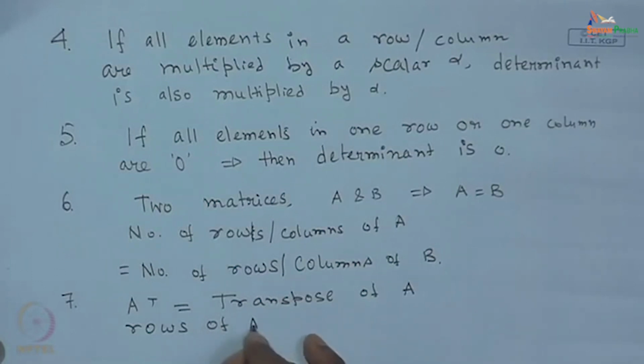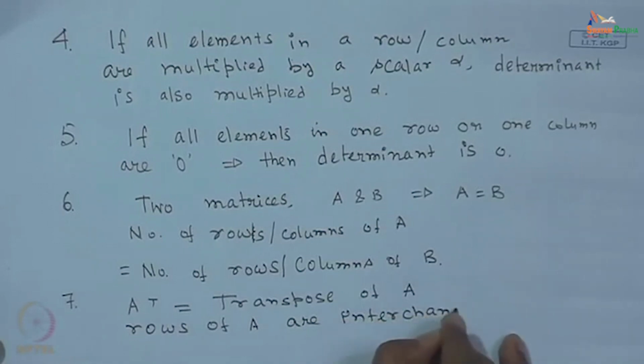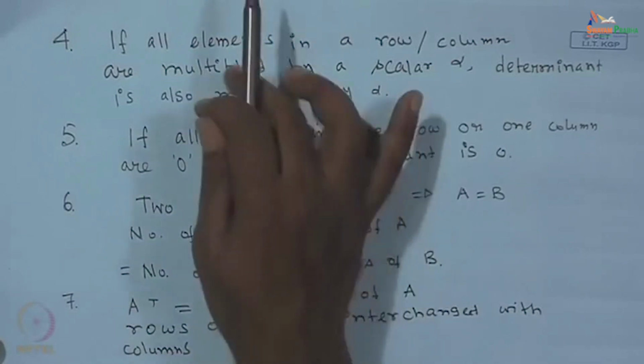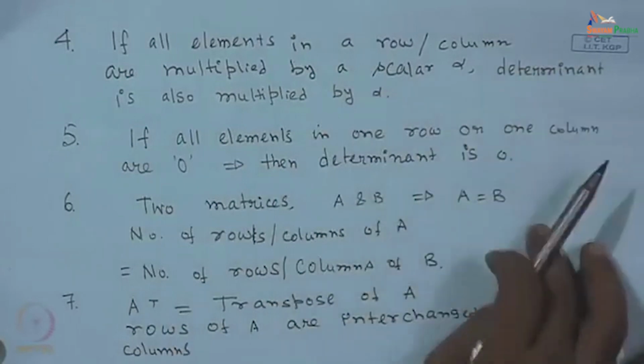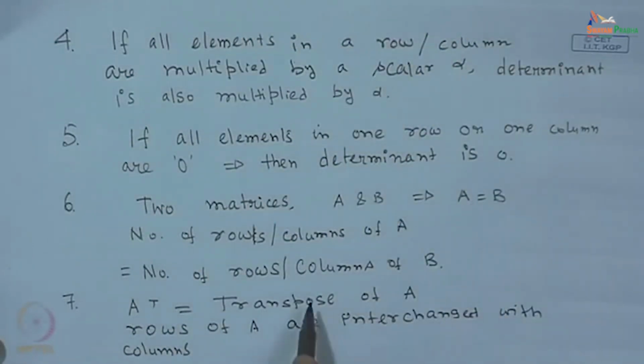Rows of A are interchanged with columns. So, that becomes a transpose matrix. So, the rows now become columns. So, if there are 3 rows, let us say in a 3 into 3 matrix, they now become the columns of a new matrix.